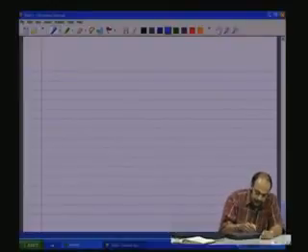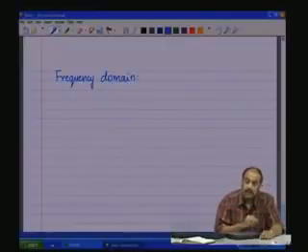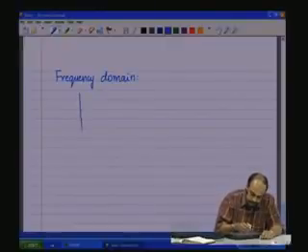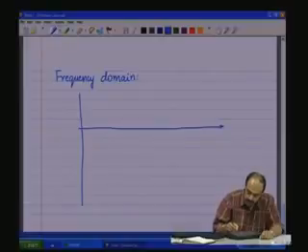So, in the frequency domain, one would like to plot the waveforms with respect to the frequency omega.